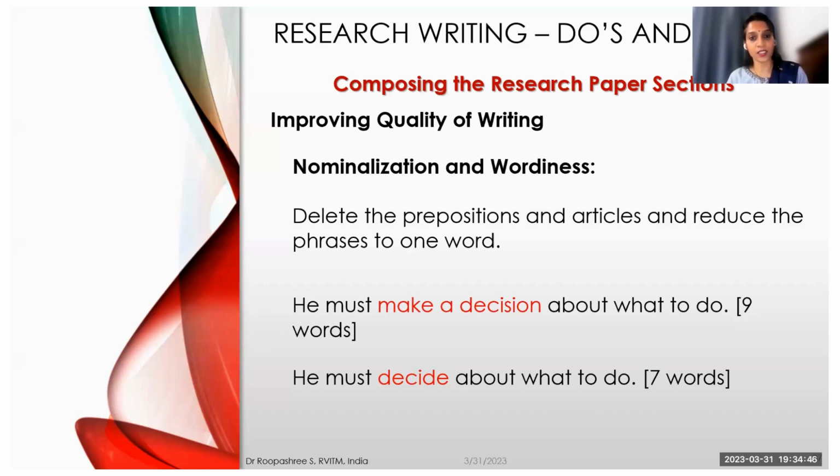Nominalization and wordiness. That is, delete the prepositions and articles and reduce the phrases to one word. I just want to give you a small example for this nominalization. He must make a decision about what to do. Now this sentence, as you observe, takes 9 words. Yes, it can be reduced to 7 words. He must decide about what to do.